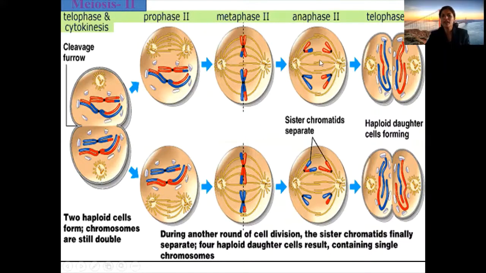In case of anaphase 2, the centromere gets divided into 2 daughter centromeres and due to contraction of spindle fibers, the chromosomes are pulled towards the opposite pole and develop the sister chromatids, and such sister chromatids get separated.